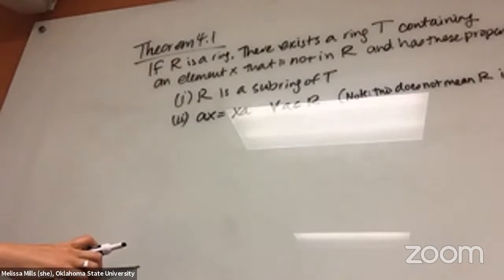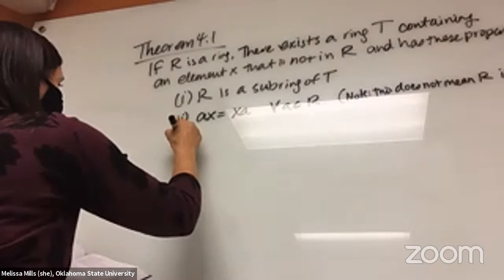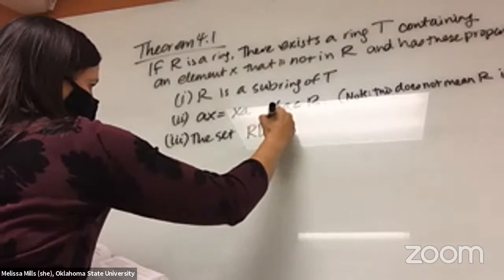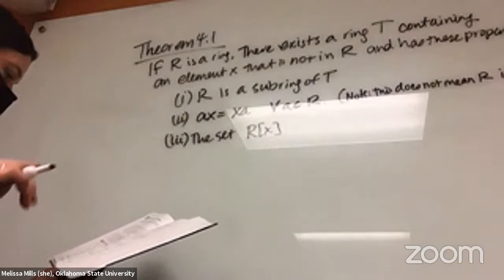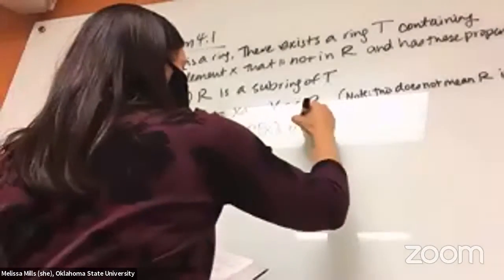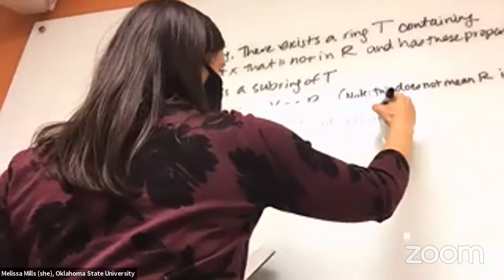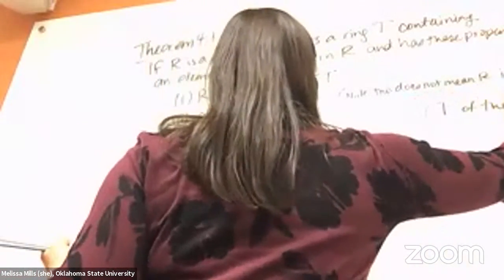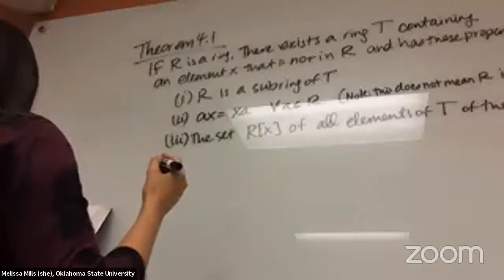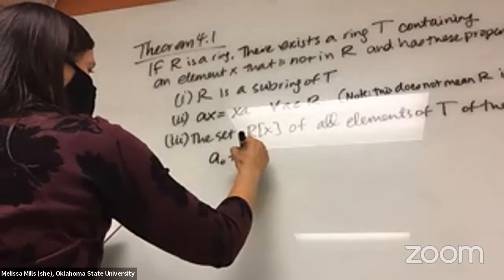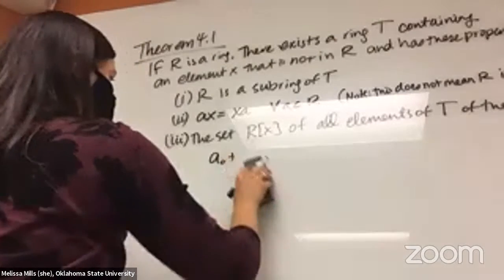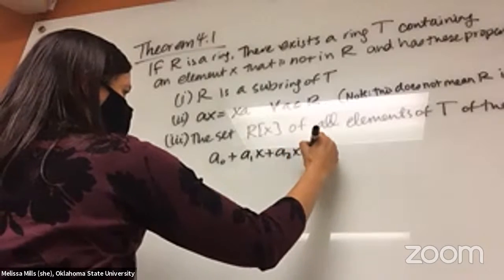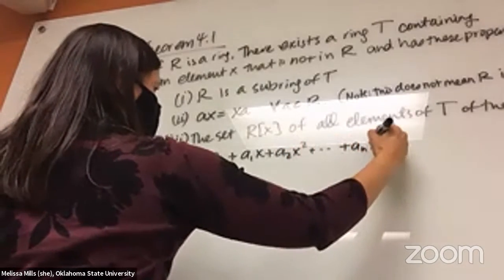Then we have this set R adjoin X of all elements of T of the form a naught plus a1 x and so on.